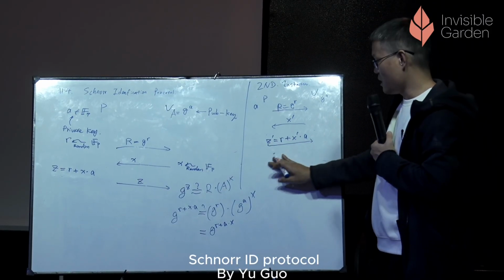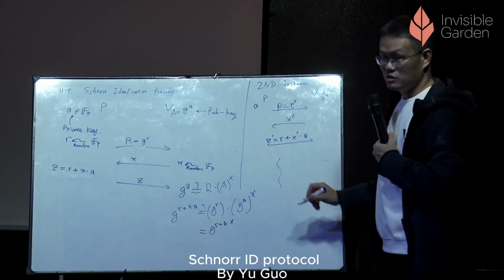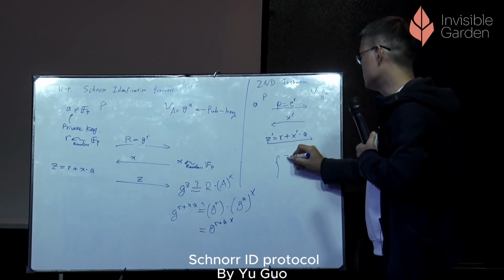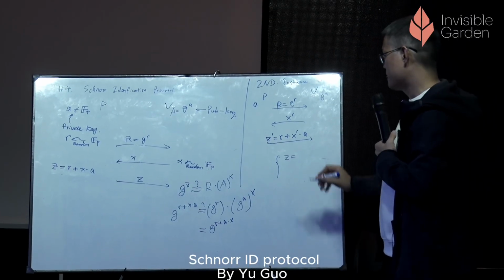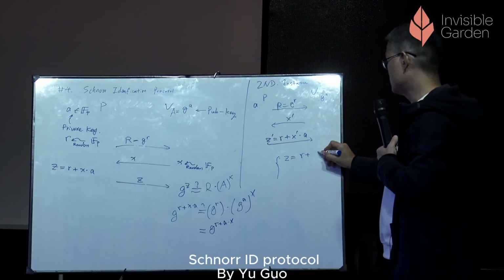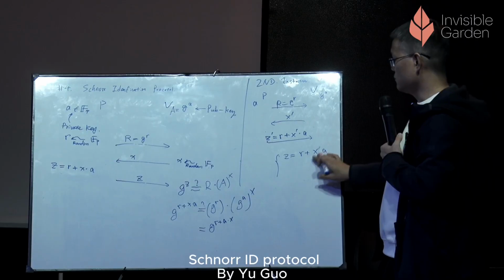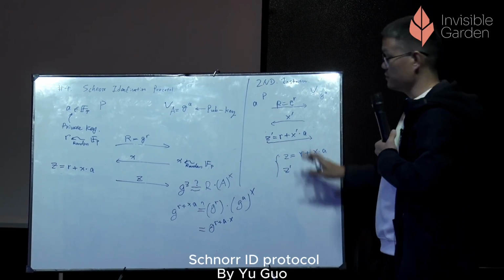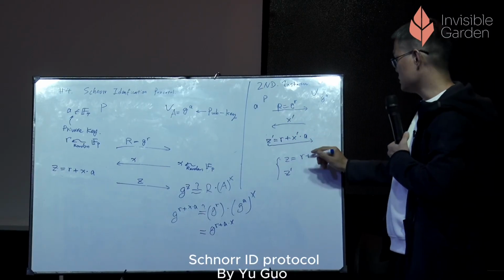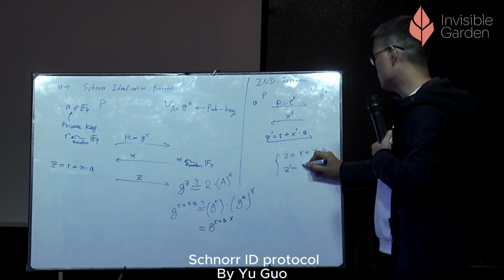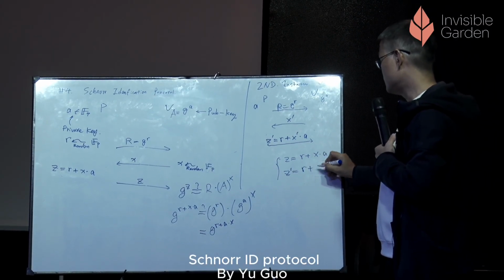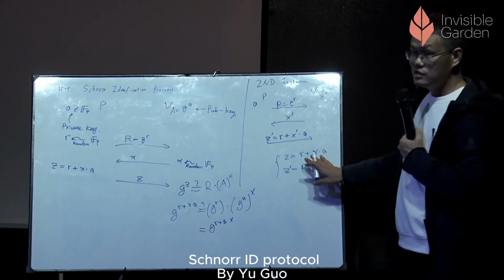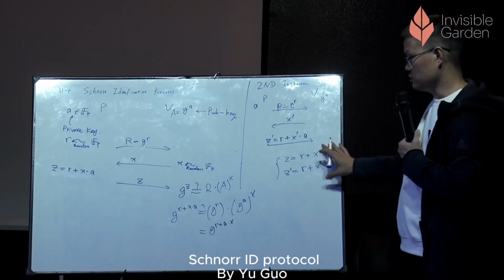Then the verifier can use the two equations: z equals r plus x times a from the first instance, and z prime from the second instance equals r plus x prime times a. We can easily solve these two equations.